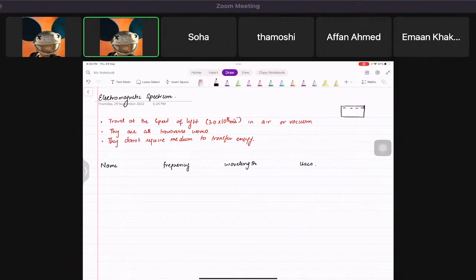So the first wave that we are going to discuss is called radio wave. Radio wave has the lowest frequency and the highest wavelength. We don't need to know exactly what those are, but we should know if one has a greater frequency than the other.